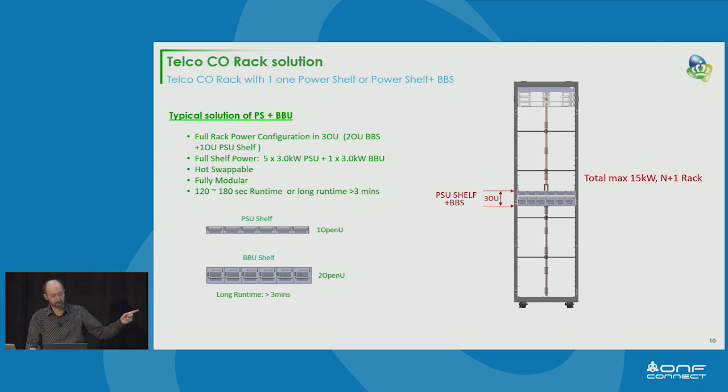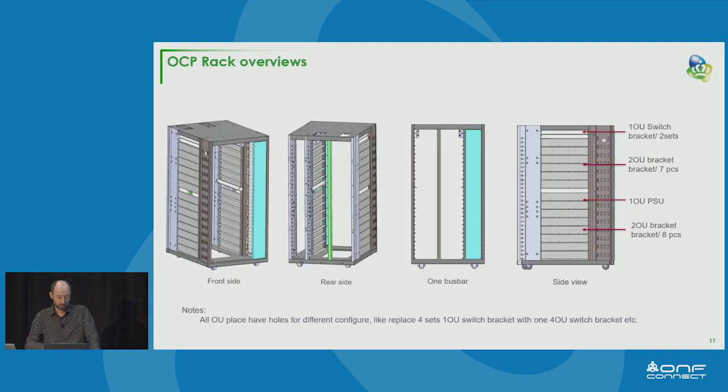And with these battery backup shelves, typically you can do something like 3 minutes until your other power facility kicks in to help you. But within our central office, this part was already covered, so we didn't require this. But it will be part of the design that this will be possible.